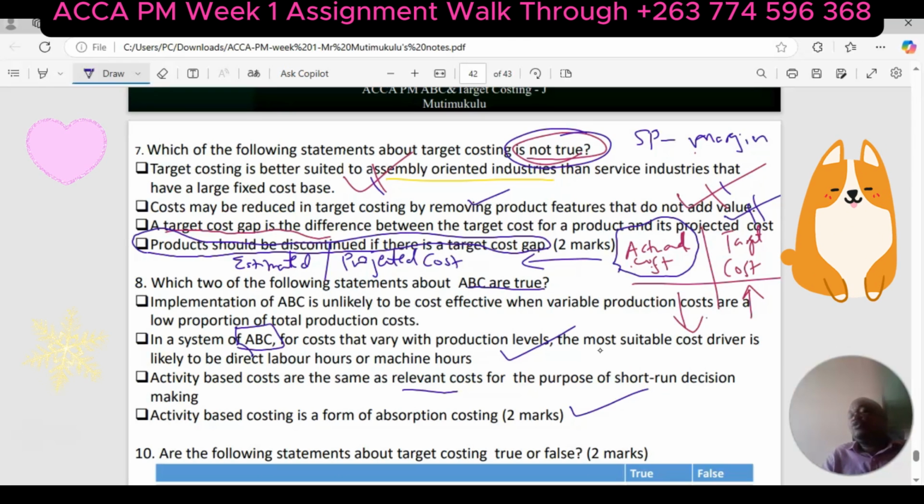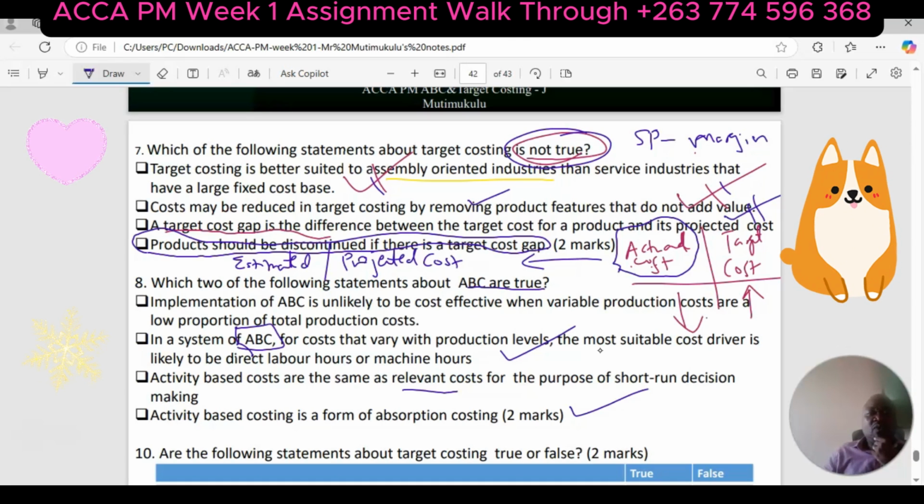But if we know for sure that the overheads are being driven by one of the cost drivers, then we can resort to the traditional way of absorption costing. All right, that is the traditional absorption costing method.